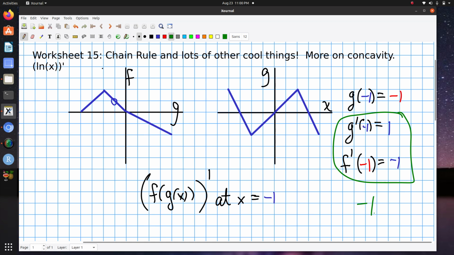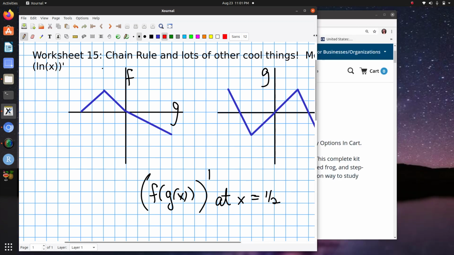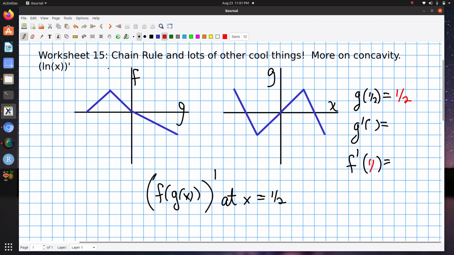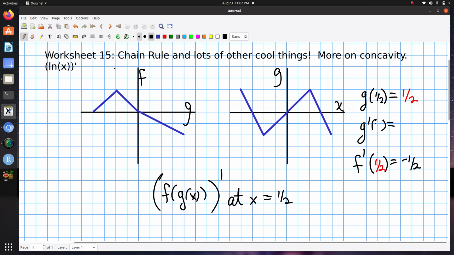Let's do one more. Okay, I'm going to try x equal to 1/2 and see if that does anything useful. g of 1/2 is 1/2. f prime at that value is negative 1/2. g prime at 1/2 is 1.